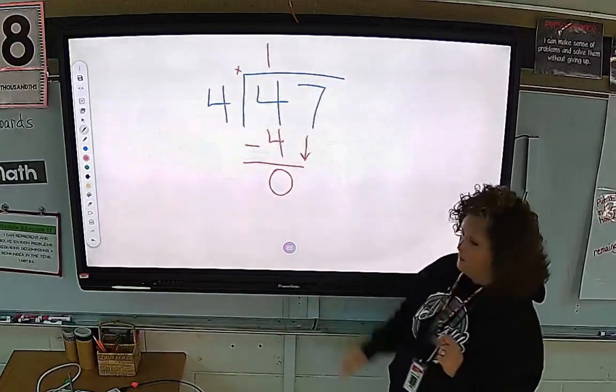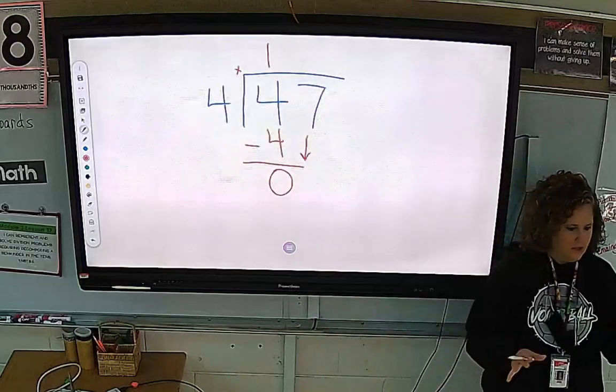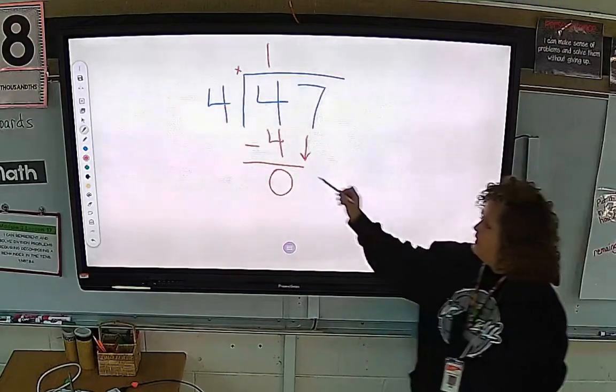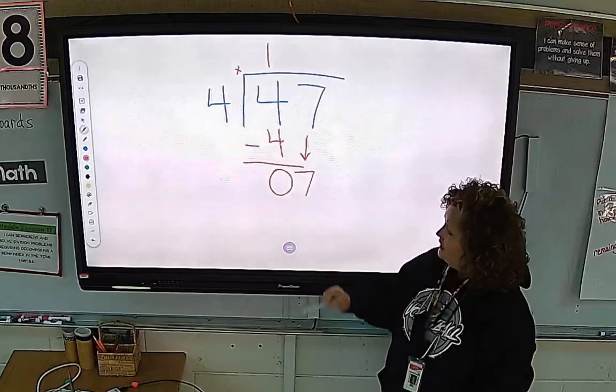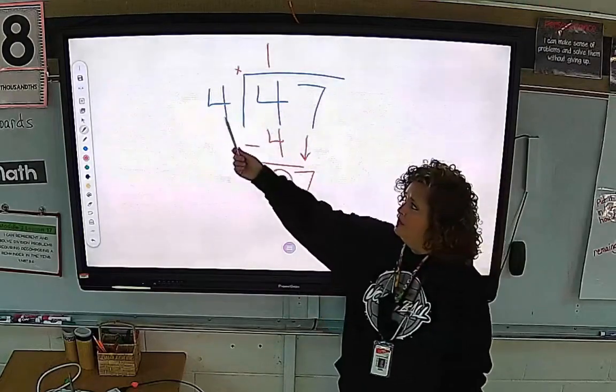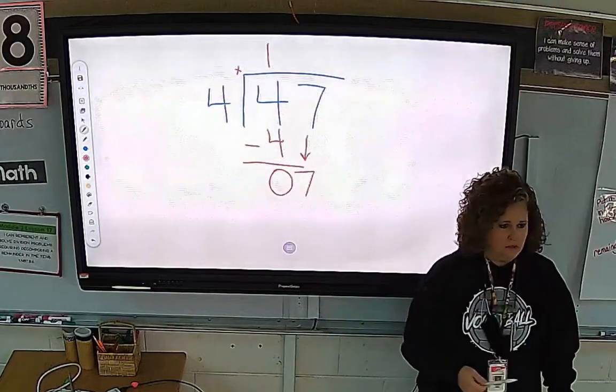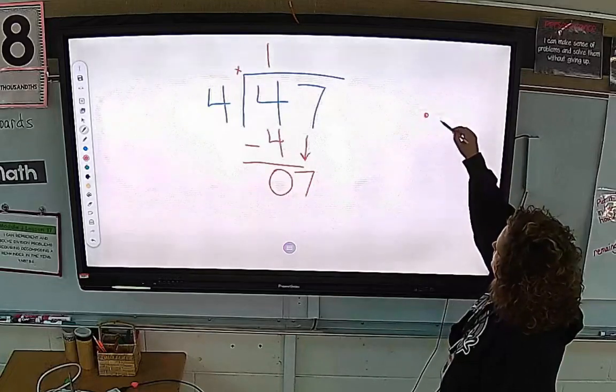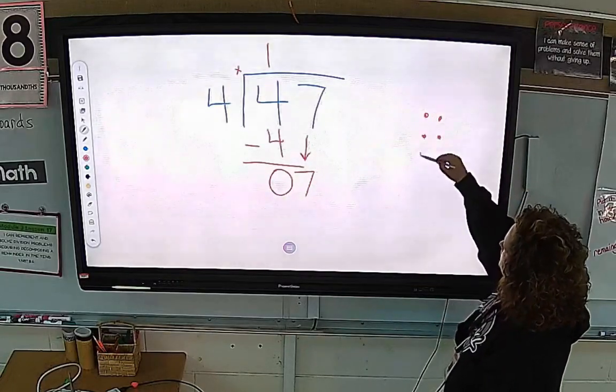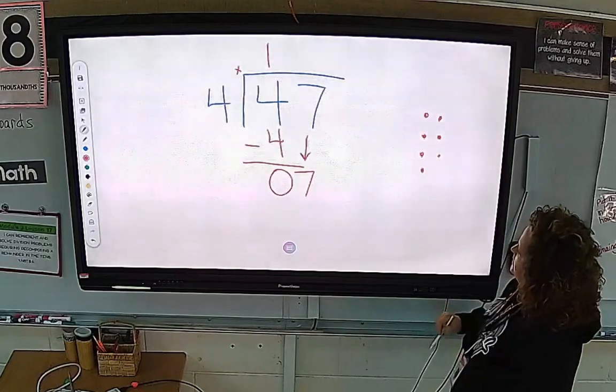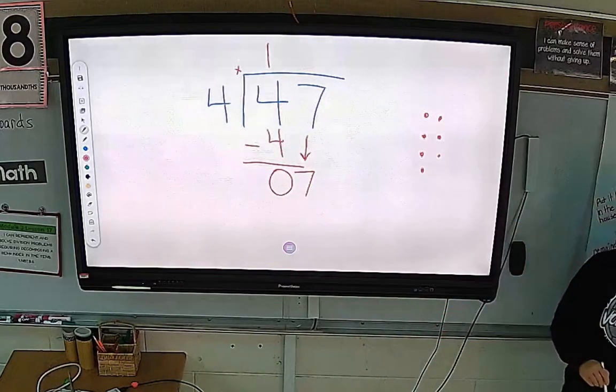A lot of you had it up until that point. I know I saw a lot of boards have that. Okay, you bring down the 7, and now you just start over. How many 4s can I get out of 7? If I have 7, how many times can I circle a group of 4 out of 7?